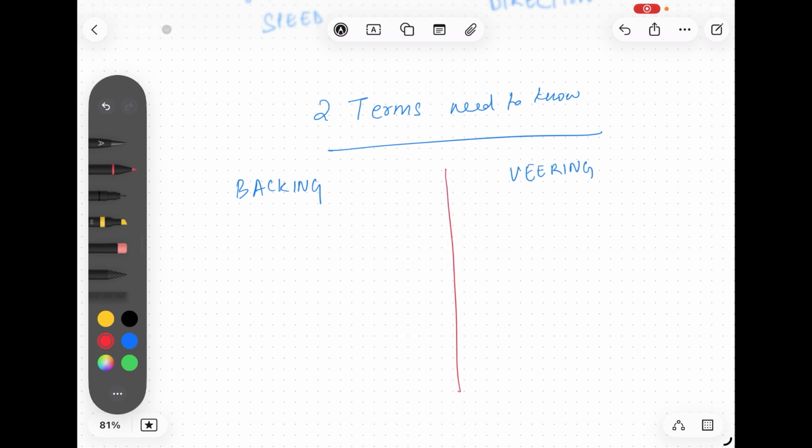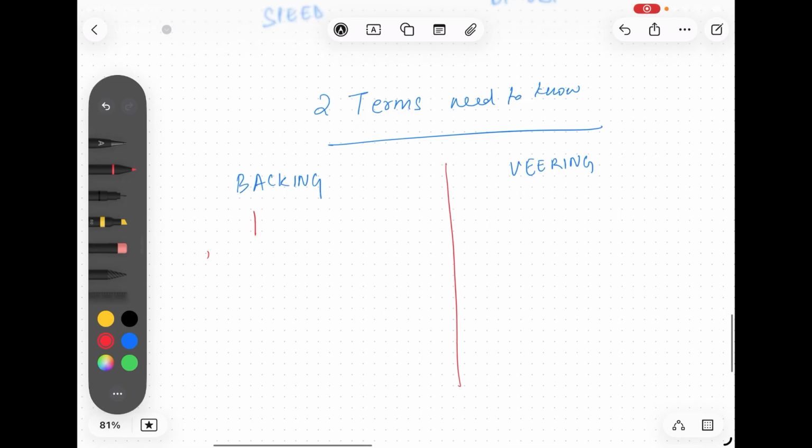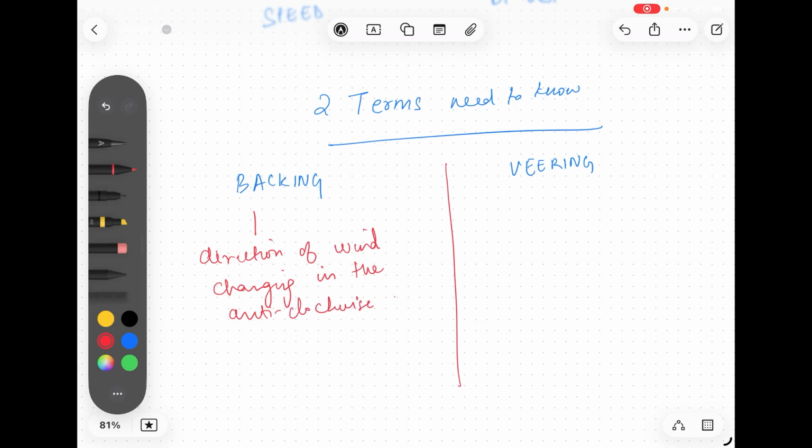Backing means the direction of wind is changing in the anti-clockwise direction. And when we say veering, it is changing in the clockwise direction.